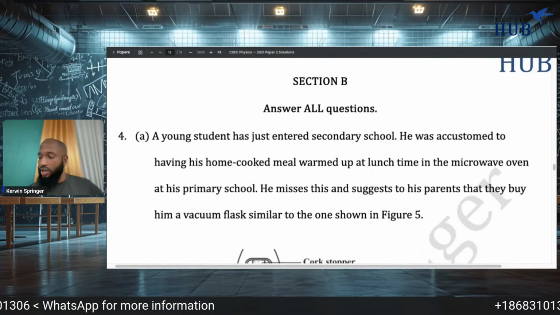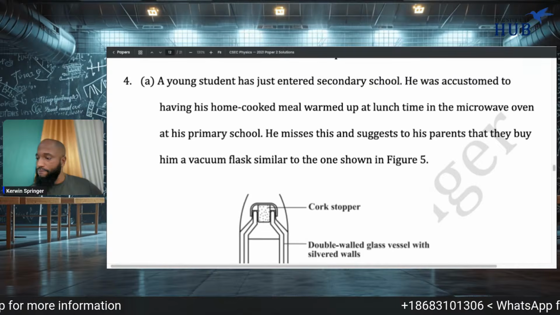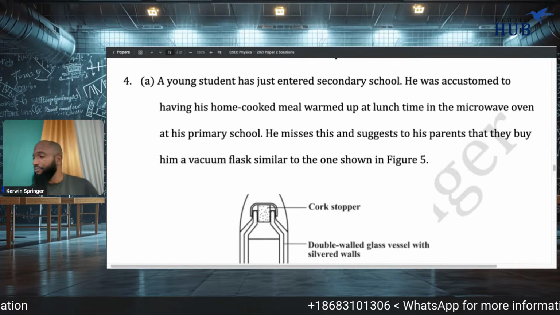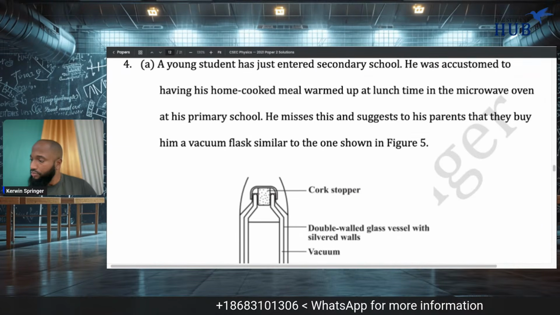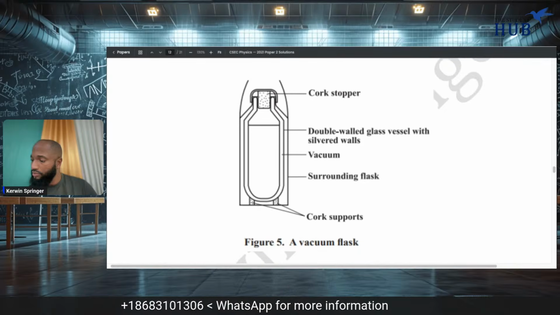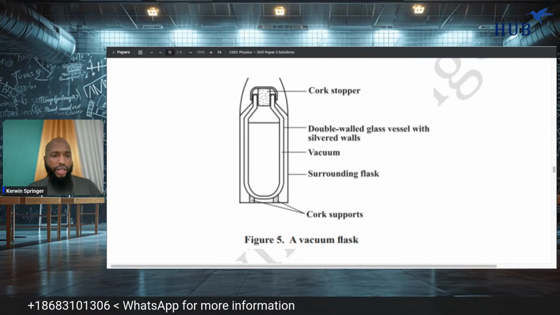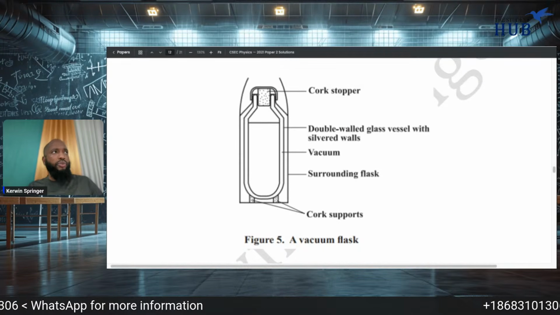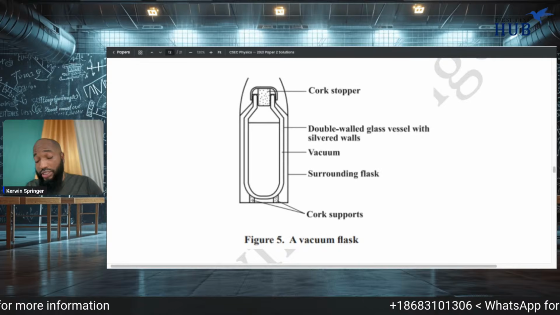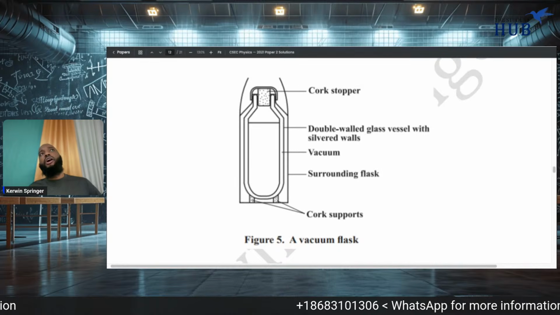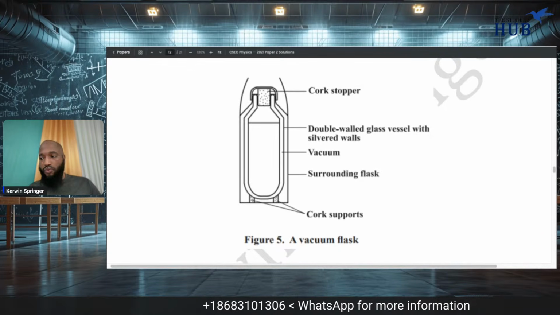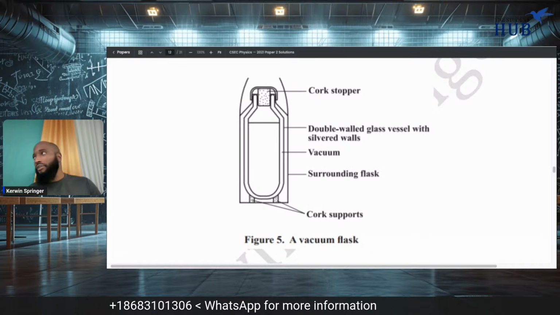Section B, let's go. So this used to come all the time. What they do now is that they switched it up, so they give you all these types of questions already, right? Where you need to describe how it's preventing heat flow. What are the 3 methods of heat transfer?